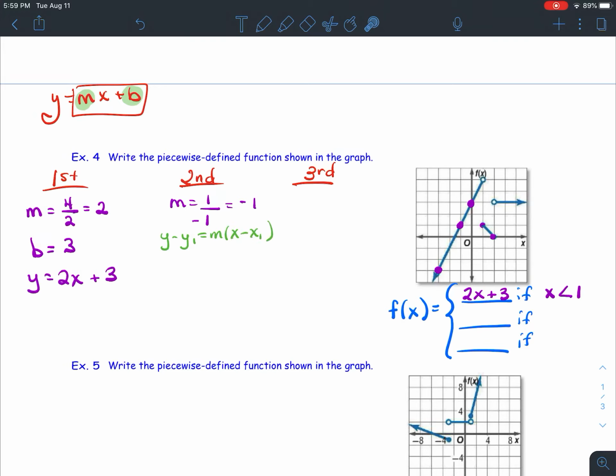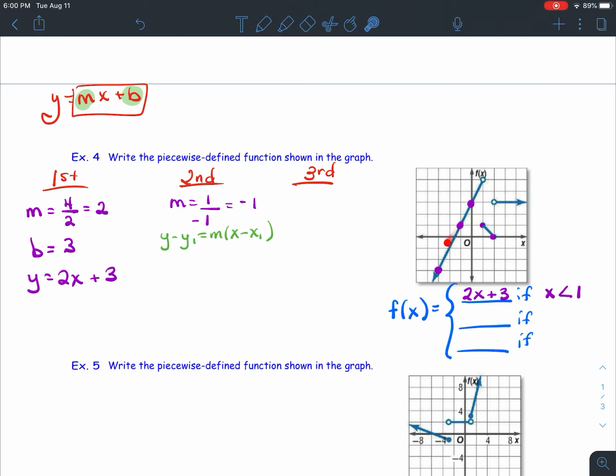Okay, now to get the y-intercept for this, what I want you to do, if you cannot physically see in the graph where that piece is crossing the y-axis, I want you to use point slope form. I understand on this particular example, you technically could use that slope up and over to estimate what it would be, but you're going to run into some problems that aren't going to be this easy.